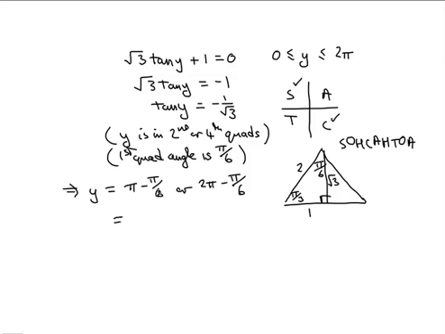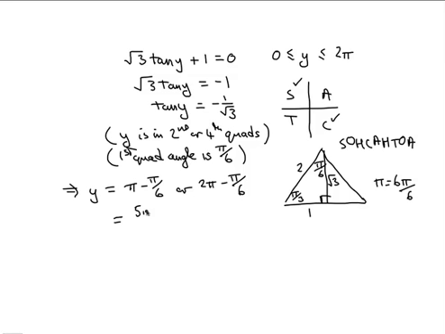Think in terms of sixths of pi. Pi would be 6 lots of pi upon 6, so 6 lots of pi upon 6 minus 1 lot of pi upon 6.